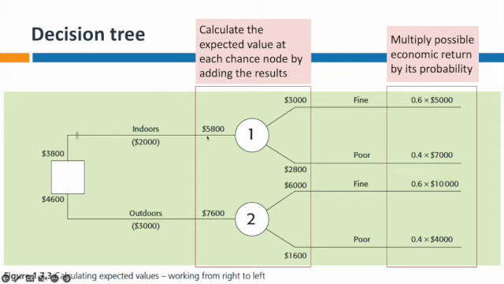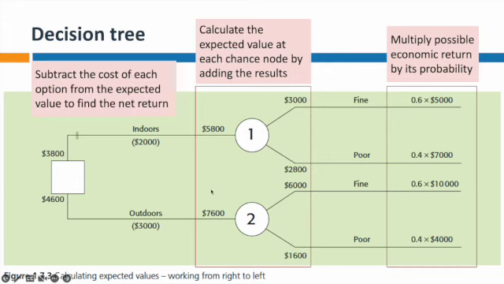The expected value of the indoors decision is 5,800 because we added the 3,000 and the 2,800. The expected value of the outdoors option would be 7,600 because we add 6,000 and 1,600.